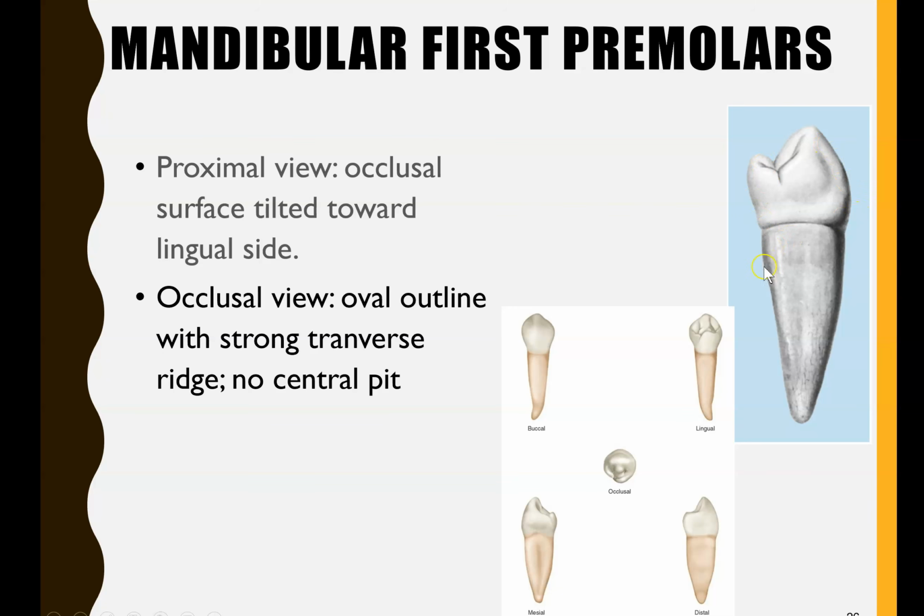When you see it being flat, that is close to the tongue, because the tongue needs space, so it's more flat on the lingual side, more rounded on the buccal side. So if you are ever unsure of which way to position the teeth in the person's mouth when you're trying to figure out the anatomy, remember that the rounded side always goes towards the buccal, the smoother side always goes toward the lingual.